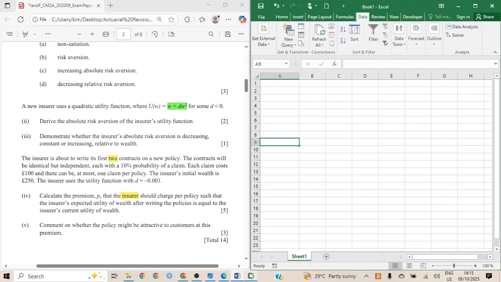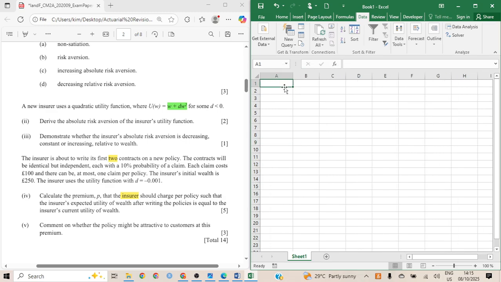That is the formula that we'll use. So I'll just demonstrate how to calculate this in Excel really fast. So here I'll have initial wealth, which is 250. We've been given the value of D, which is minus 0.001. We've been told that the claim is 100. So we have different scenarios. The first scenario is no claim on both contracts.